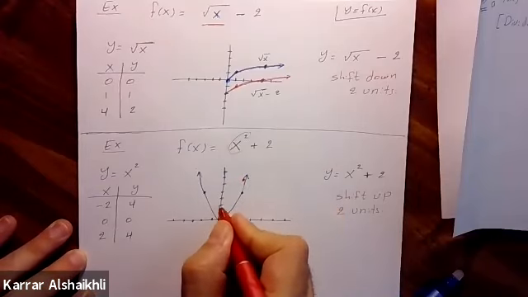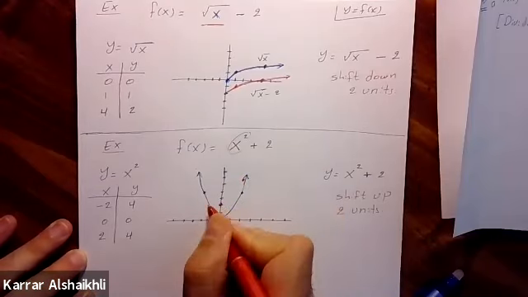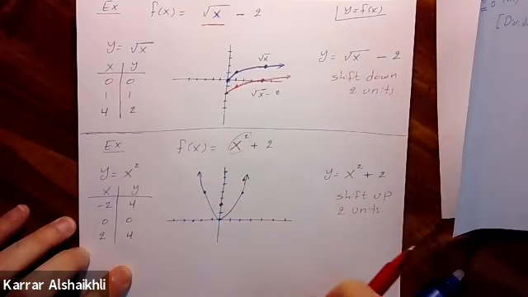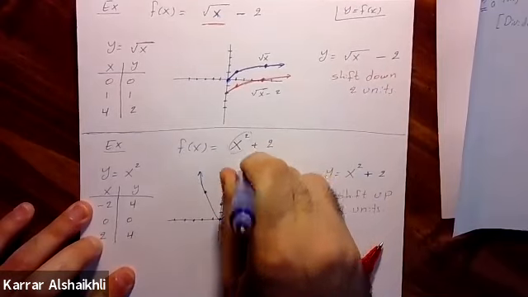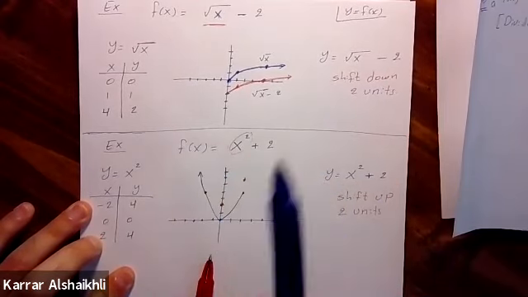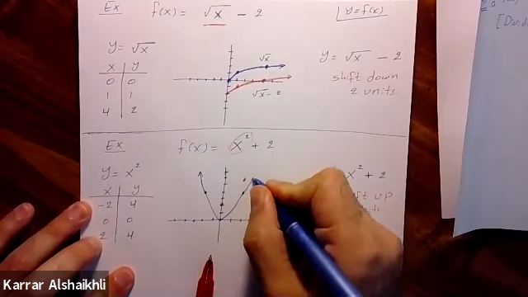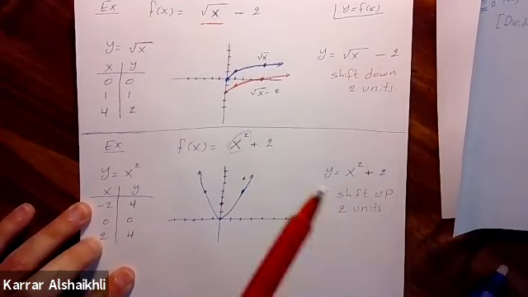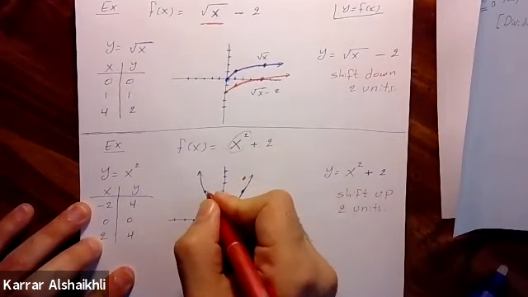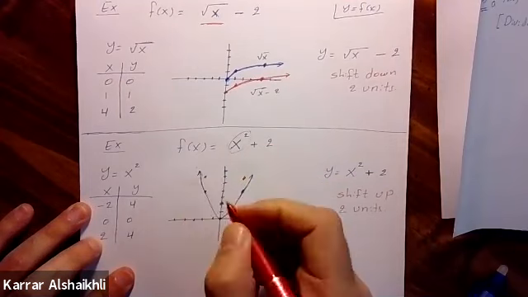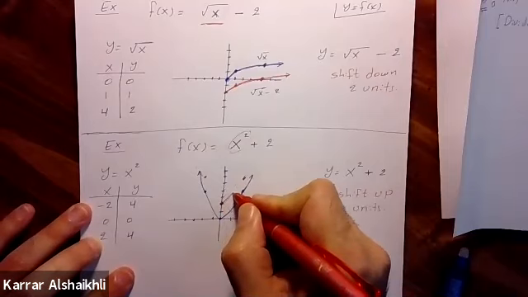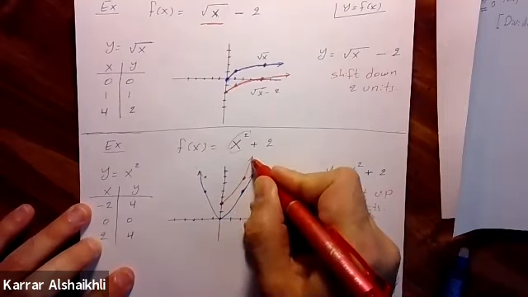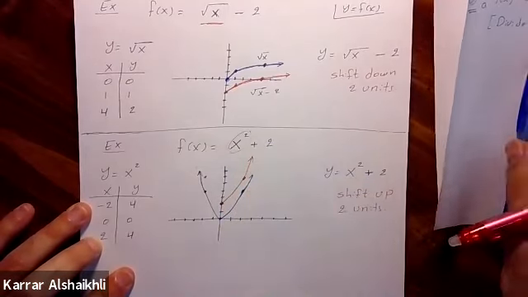Shift this one, 1, 2 is going to be here. Shift this one, 1, 2. This one is supposed to be a little bit wider, like this. So 1, 2 here. And this one, 1, 2 is going to be here. And this one here. So the new graph is going to be like this. This is the new graph for the new function.